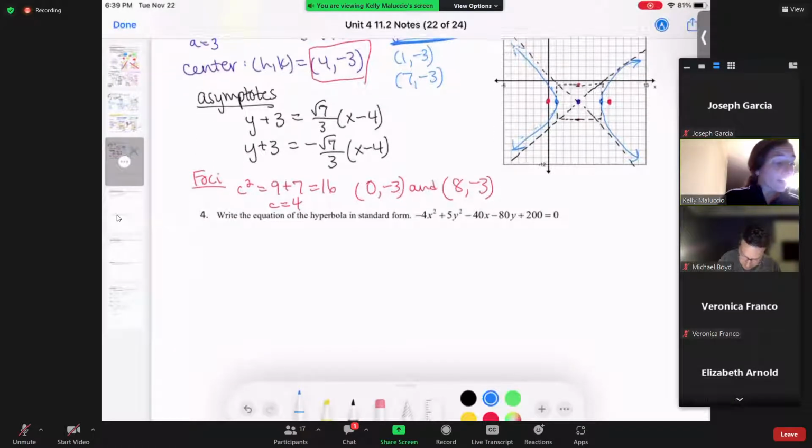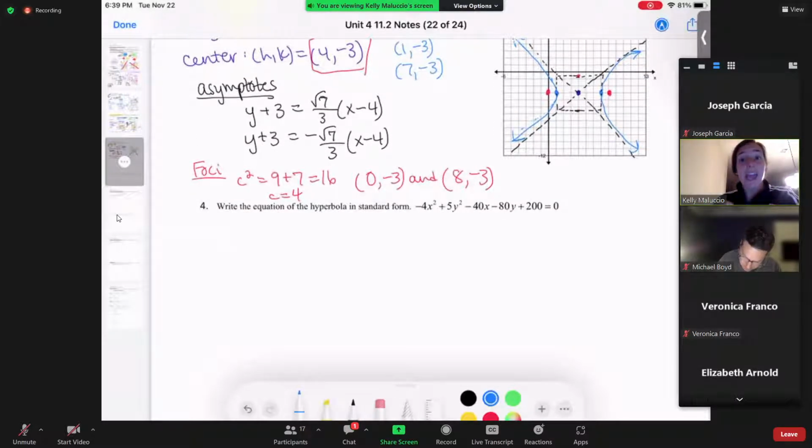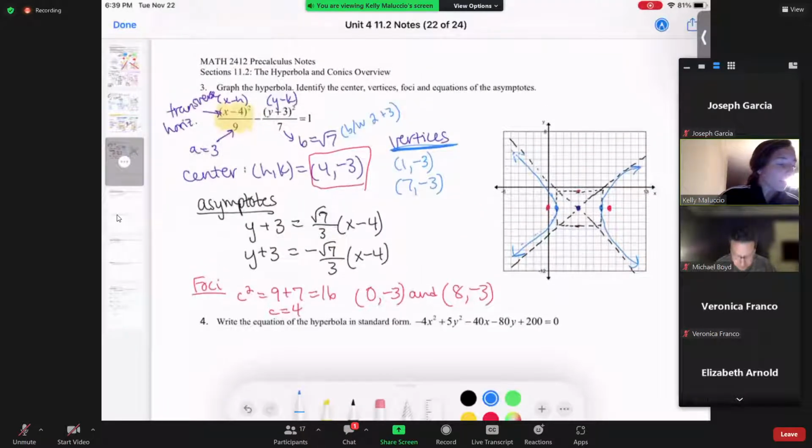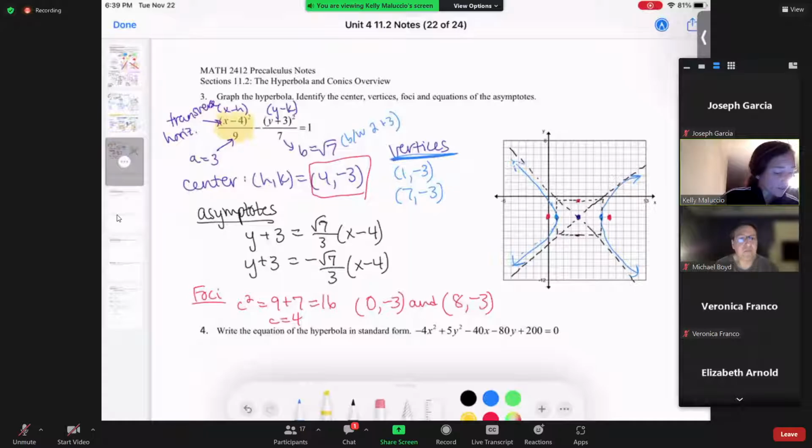Okay, and now the next question. So that was doing everything, getting the foci, the asymptotes, the vertices, all that information, and then graphing it. Now this next part gives it to us. So the equation that we were given up here, and all the equations above, this is what we call standard form.